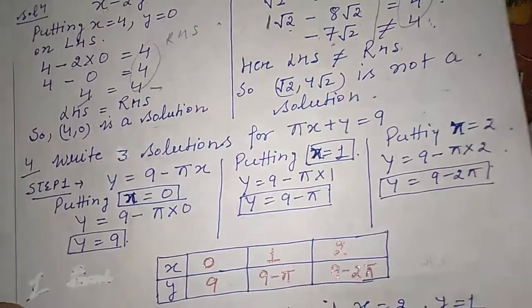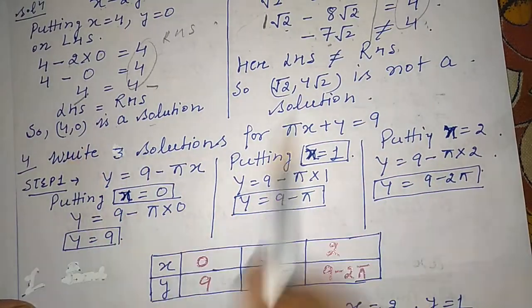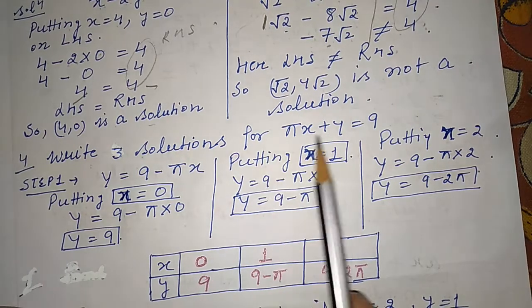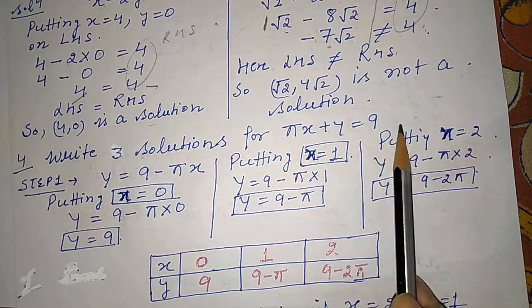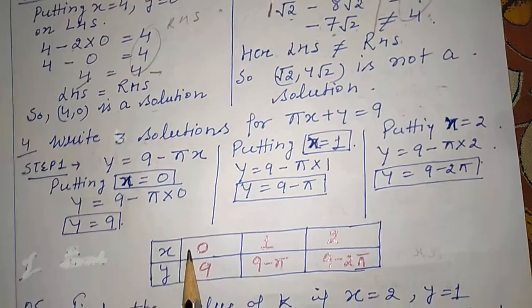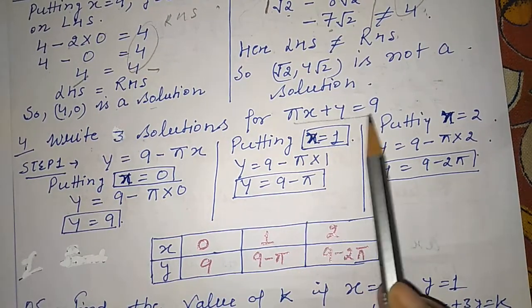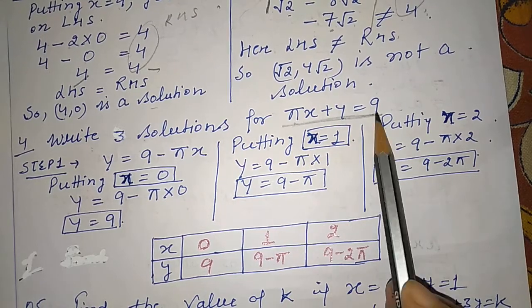This is one kind of question we are getting. Now the next type of question is: write 3 solutions for pi x plus y is equal to 9. We have to find these 3 solutions. So how can we find the solution? First we will reduce the equation to one variable.